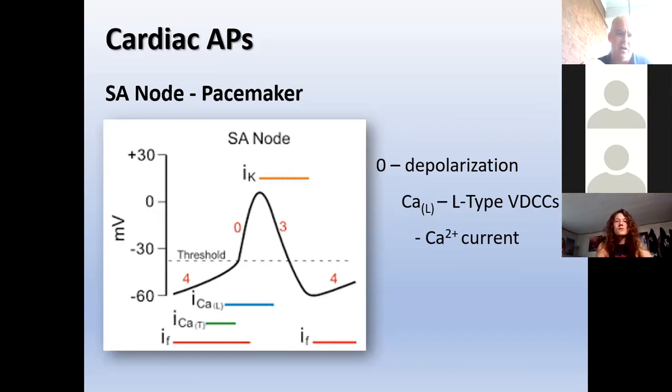N-type for neuronal, L for long-lasting, T for transient. And the L-type are most important for us in cardiovascular pharmacology because these are also the voltage-dependent channels in smooth muscle, the exact same channel in a different tissue. And these channels will be sensitive to our calcium channel blockers that we'll talk about.